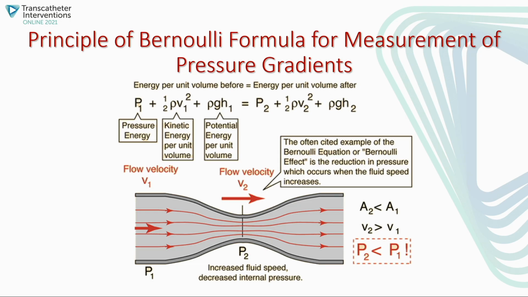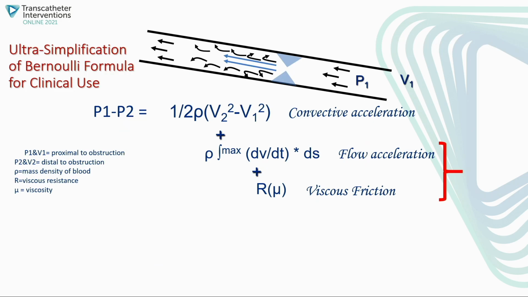So why do we have this discordance? First, what you have to know is that we use the Bernoulli formula to calculate the pressure gradient by echo. This is the way to estimate the pressure difference from the velocity that we measure by Doppler. If you look at the original Bernoulli formula, it is pretty complex and has several components. There are actually three main components in the Bernoulli formula: the convective acceleration, the flow acceleration, and the viscous friction.